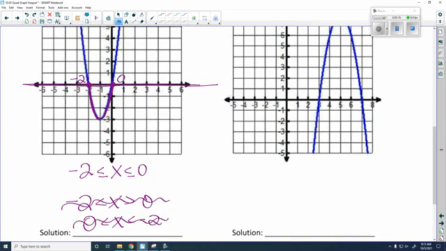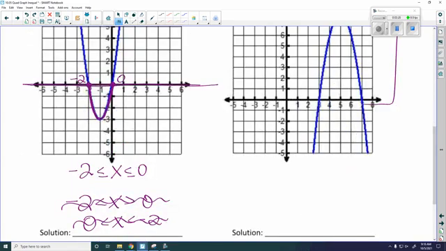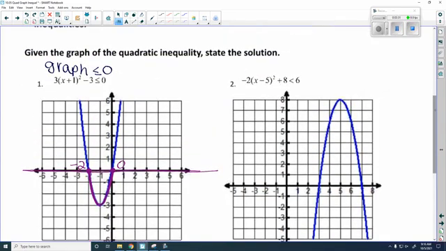Okay, let's look at the next one. The graph less than 6. So where am I gonna draw my line? 6. Good. Okay, draw the dots where it hits and write down what those x values are.